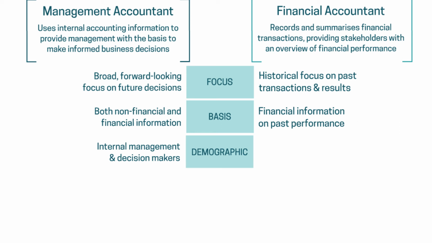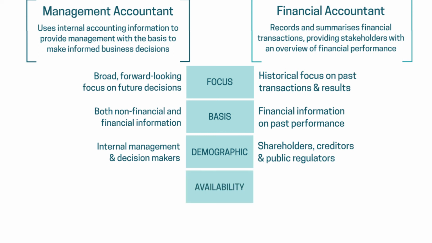Whereas the financial accounting information has a much wider range of users, including shareholders, creditors, and public regulators, all of which will want to review the financial statements that Megan produces in order to better understand the company's past performance.